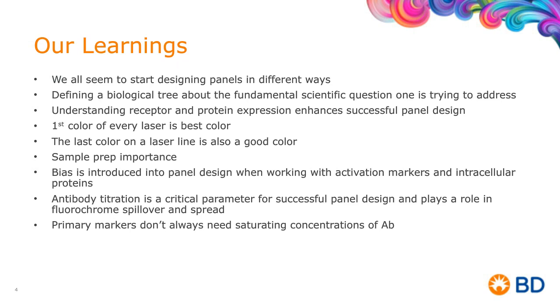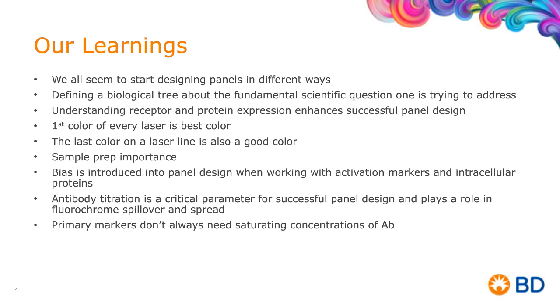So if we're looking at a gating population, such as CD4 or CD8 or CD19, where in some cases we could have a 4 to 5 to 6 log shift between the negative and the positive, well, we know we don't need that. We can dilute that antibody and work with a smaller mean channel shift.